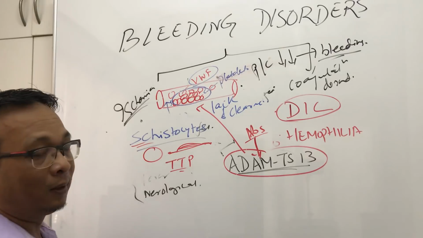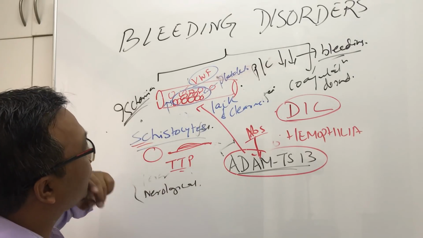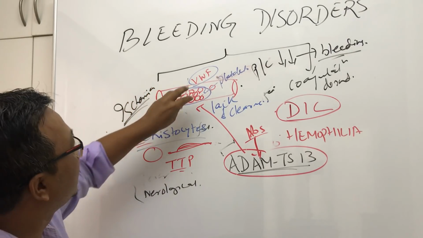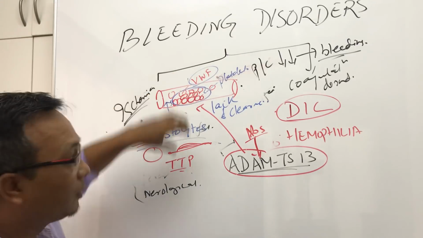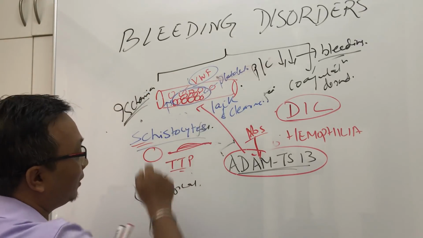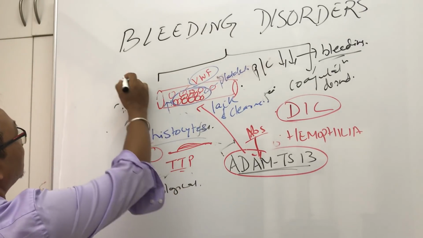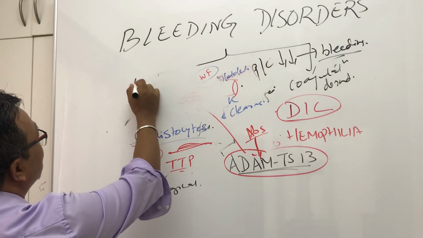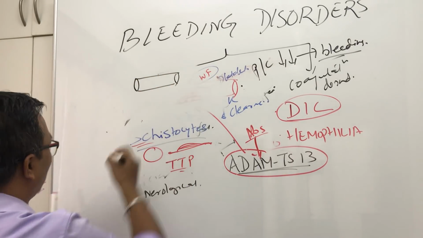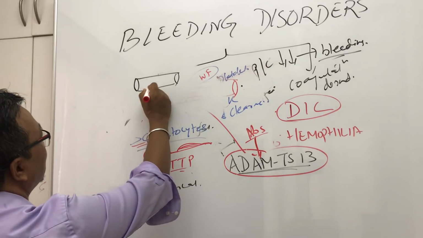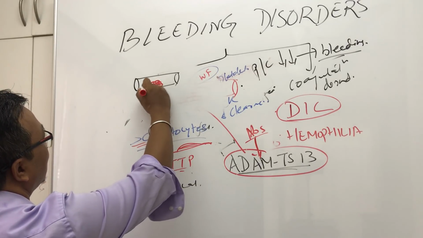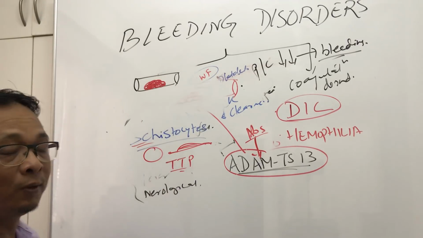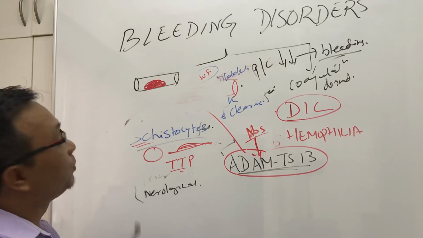Now why is this happening? We know that there is less clearance, so there are microscopic clots. Let's say in the small blood vessels there are some clots, formed because of the collection of von Willebrand factor plus platelets.